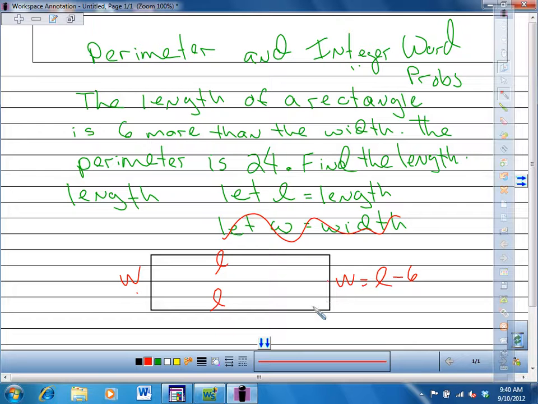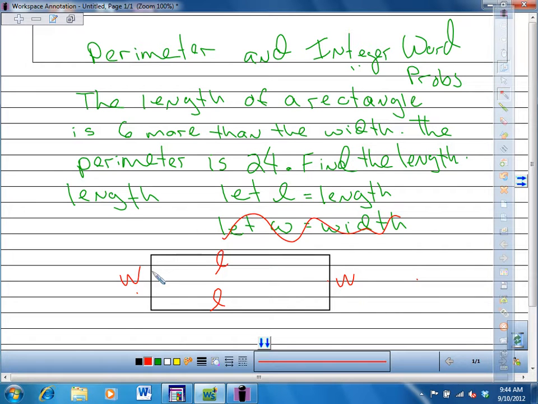Yes? You could also do W plus 6. Right, I know. But we're trying to find the length, okay? Right, the W plus 6 equals the length. So you want to do it that way? I think it's easier. I think it's easier too, okay? So, let's change. I agree with Mrs. Lindgren.